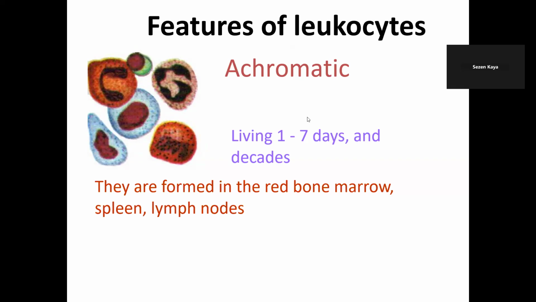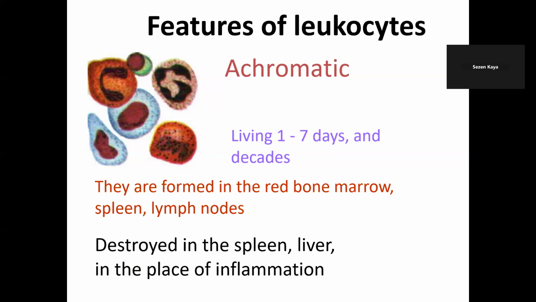They are formed in the red bone marrow, spleen and lymph nodes. Better to say that maturation of the cells happens in the spleen and lymph nodes. They are destroyed in the spleen, liver, and in the place of inflammation.